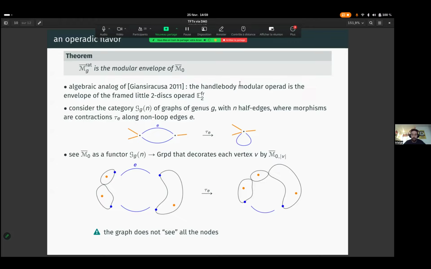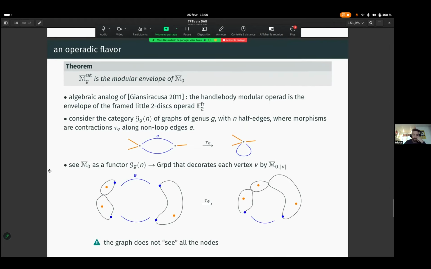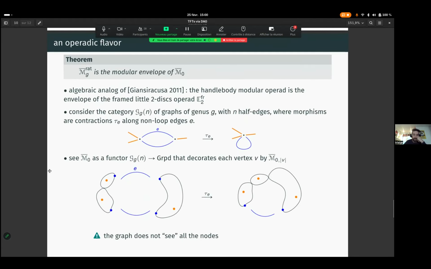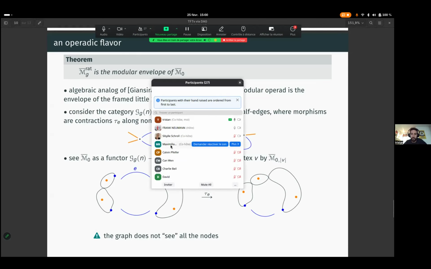These are two very good questions, and we'd be happy to dig in. I don't want to say anything about it now, especially because I'm not really an operad expert, so I don't want to take any risks. But these are very natural questions. Yeah, it seems to be the question of the handlebody operad by the circle action. That's what I can say. I can't say much more right now.